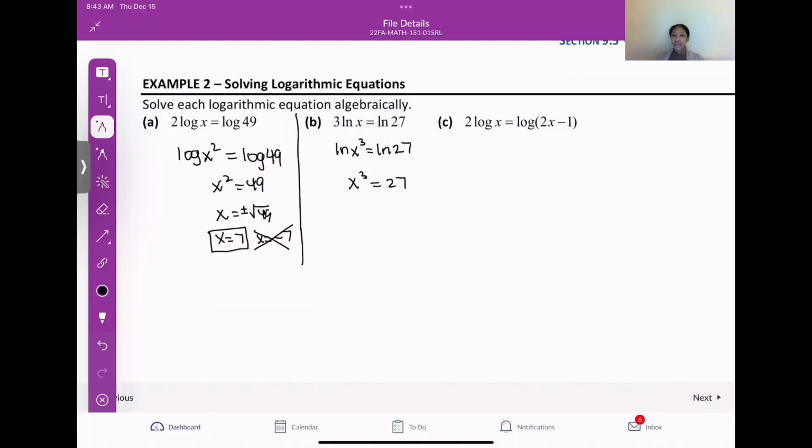And then to solve this, to get rid of a cubed, we use the cube root. X cubed equals 27 means if we take the cube root of both sides, the cube root of x cubed equals the cube root of 27. So x would be equal to 3. That's the cube root of 27. And if we plug that in, it works.